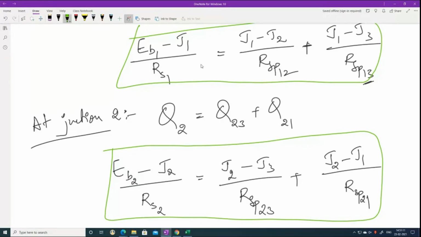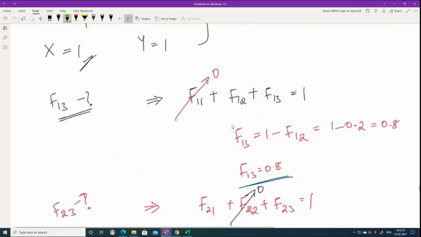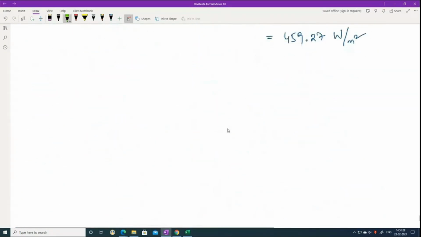So you will have two equations and two unknowns, and when you solve these two equations you will get those two unknowns, which are nothing but your J1 and J2. Did you understand how to do it? Yes, sir.